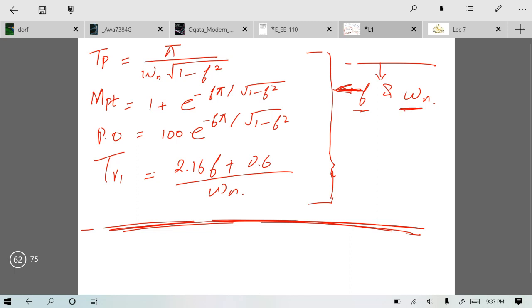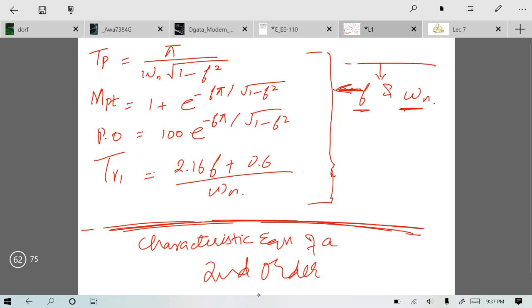So the conclusion that I would like to make at this point is, if you are given the characteristic equation of a second order system, you compare it with the standard second order equation, which is s square plus 2 zeta omega n s plus omega n square.